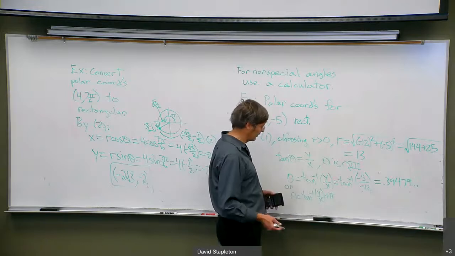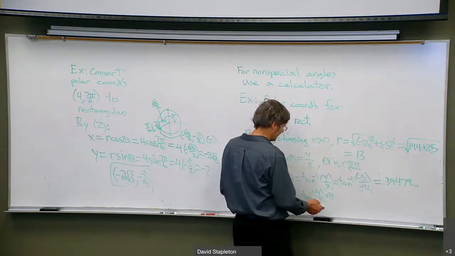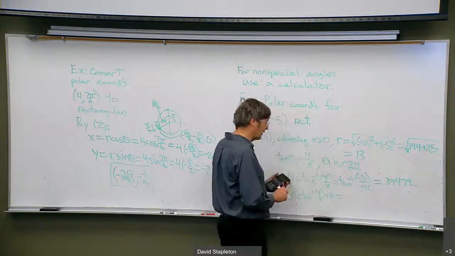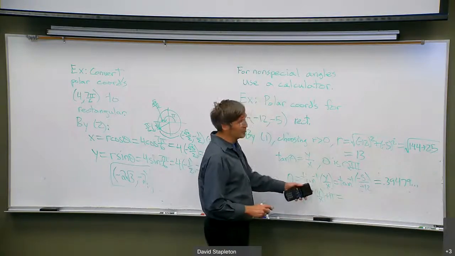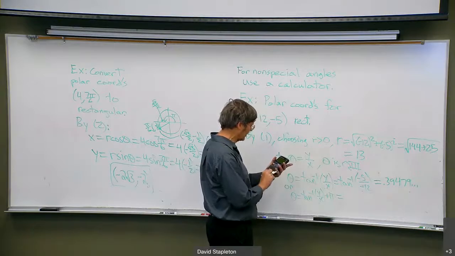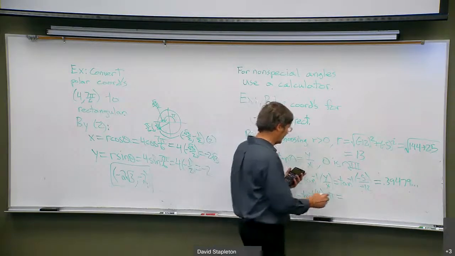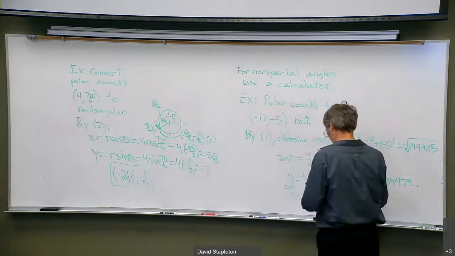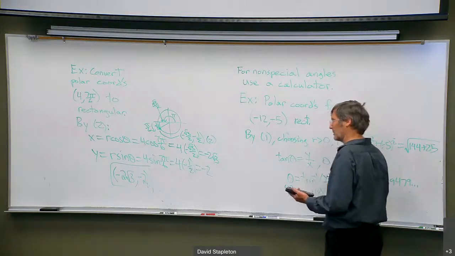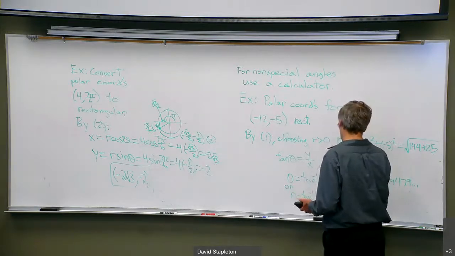This may not do that for you, but it will give you a correct answer. Let's take that one, and all I have to do to get this one from the first one is add pi. So I put plus pi on my calculator, and now I don't need to recalculate the arc tangent. If you just push the plus button, it adds to whatever is on the screen. So I put plus pi, and I get this immediately.